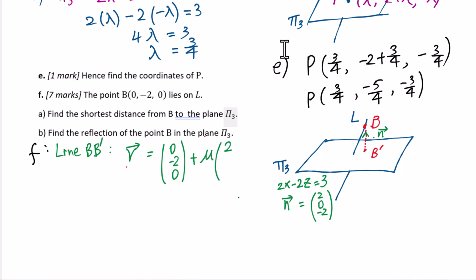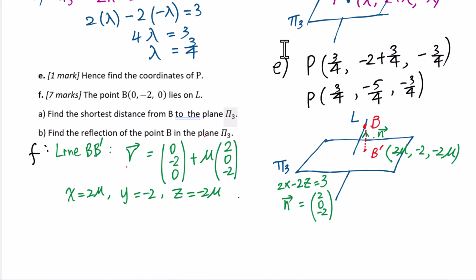Direction vector (2, 0, -2). We will change this into parametric form. x equals 2 mu, y equals -2, z equals -2 mu. So the coordinates of B prime is (2 mu, -2, -2 mu).